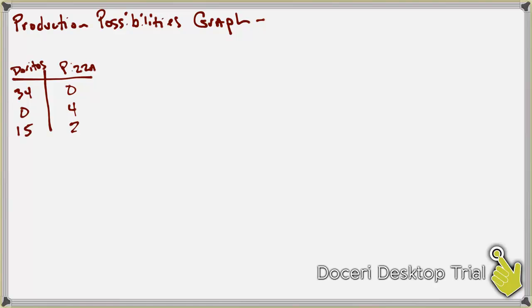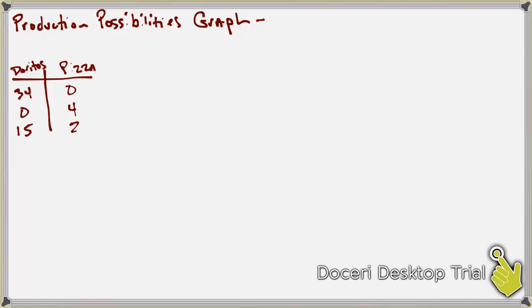Okay? Now, before we actually graph this information, we have to know what the production possibility graph is. The production possibility graph is our first graph we're going to learn in AP Econ. First of 8 total.